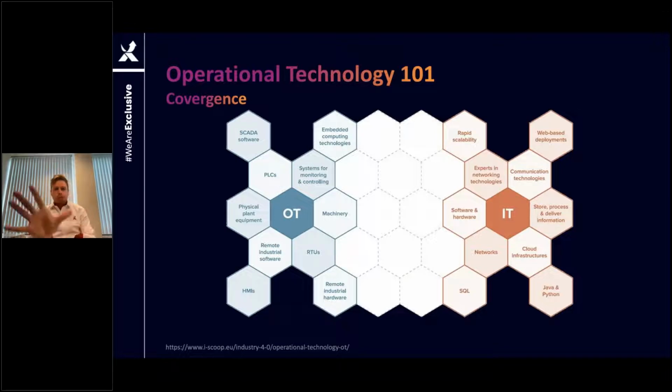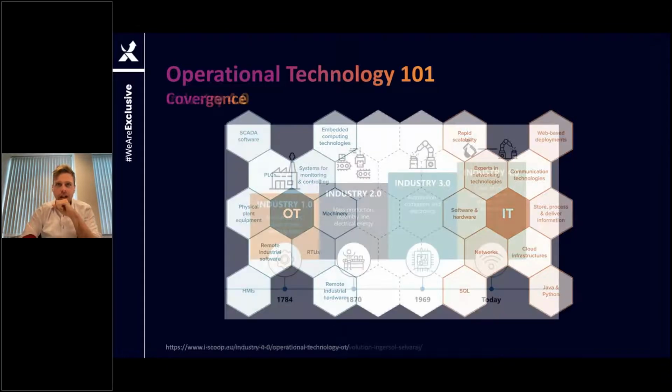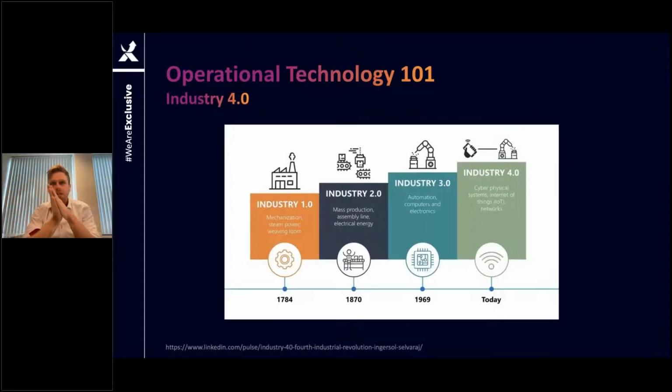Now, you see the word convergence on our slide. Let's have a look at why the border between IT and OT is blurring. And this brings us essentially to Industry 4.0, the fourth industrial revolution.